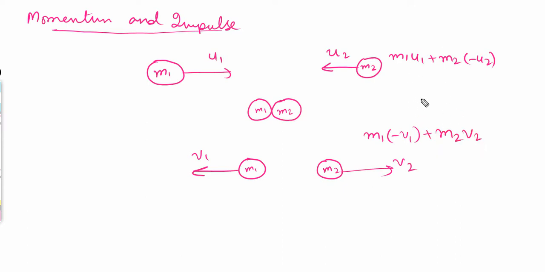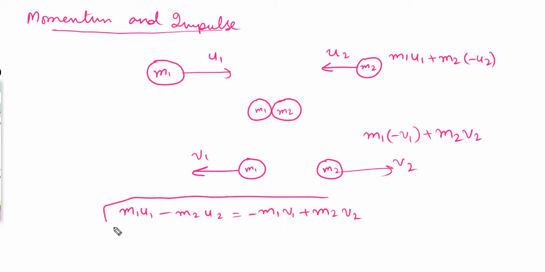Because these are both equal, we can write m1 u1 minus m2 u2 equals negative m1 v1 plus m2 v2. So this is how we can write down the equation for the conservation of momentum.